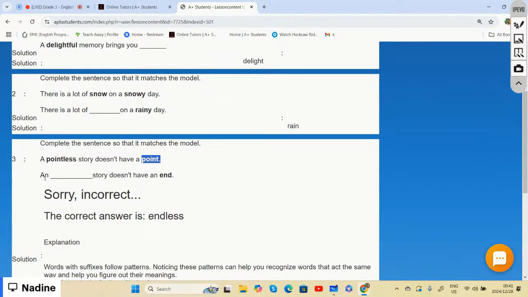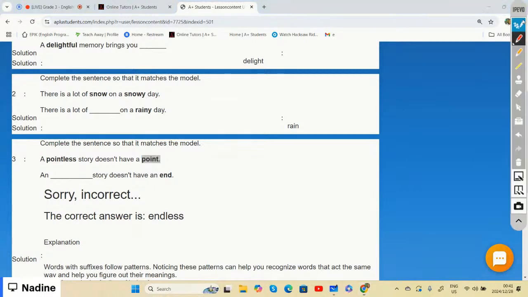But now, a what story doesn't have an end? So if something doesn't have an end, then we can say it is a what story. If a pointless story doesn't have a point, then a what story doesn't have an end?